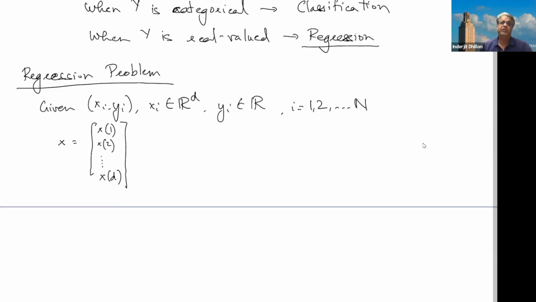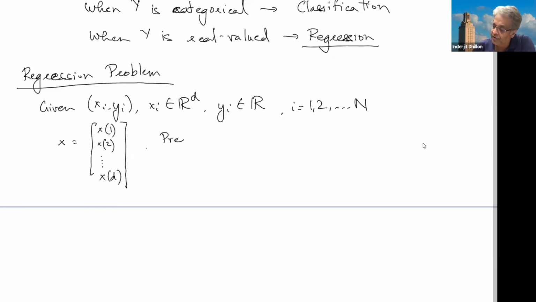The simplest model is to take a linear combination of these features, and I need to figure out what linear combination to use so that it actually matches the training data, right? That's one very simple formulation of the problem. So let's formalize this formulation.